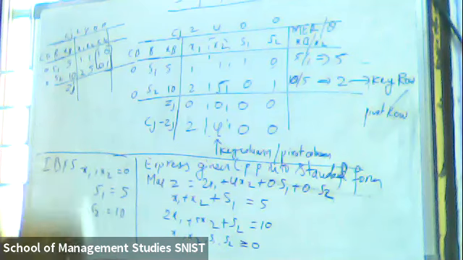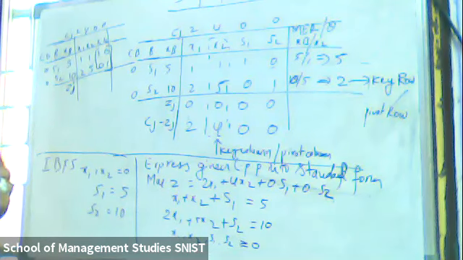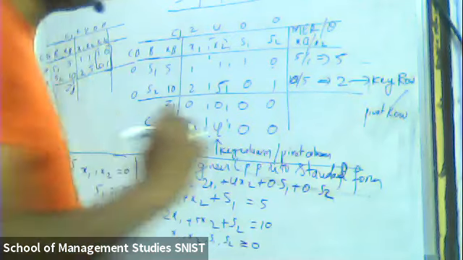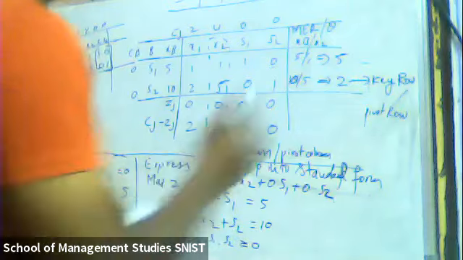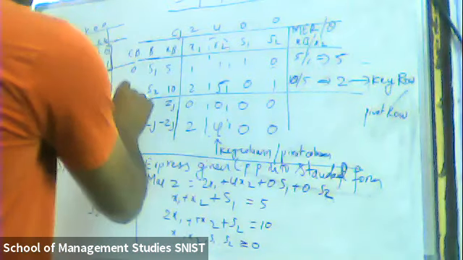Minimum value you need to consider. And if you get a negative value, will you consider that? No, sir. Okay, clear? So 5 by 1, 5, 10 by 5, 2, then the minimum value is 2. So this becomes the key row.